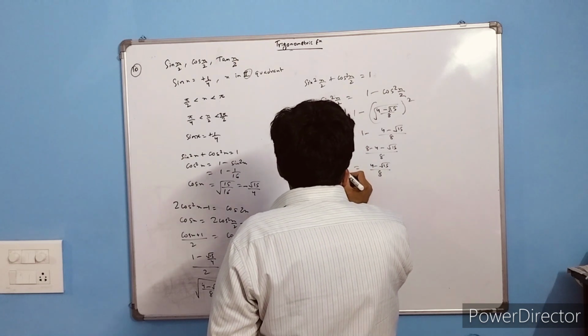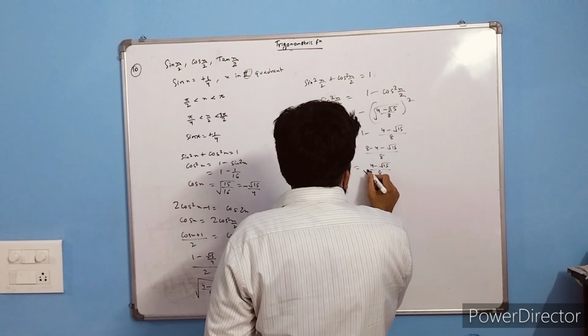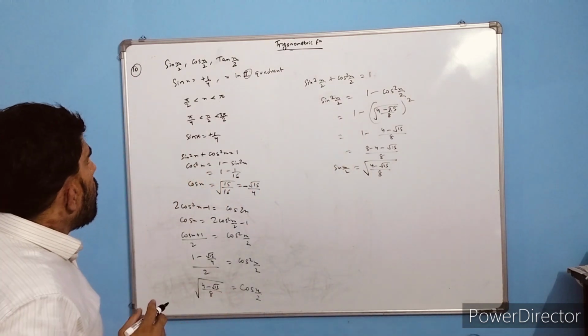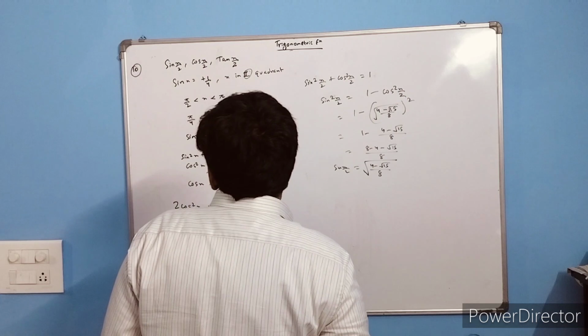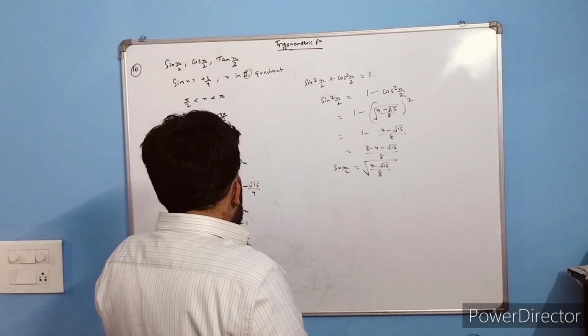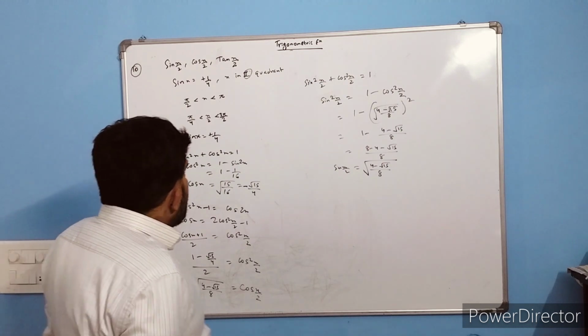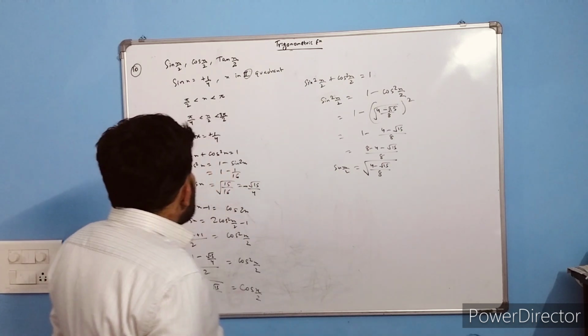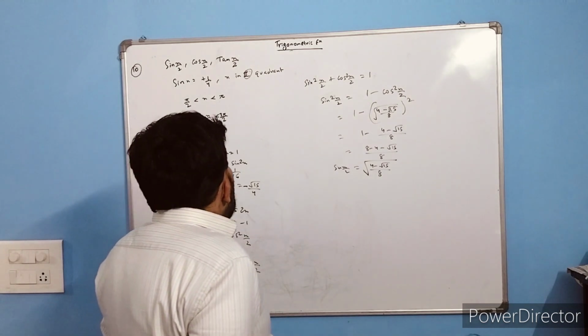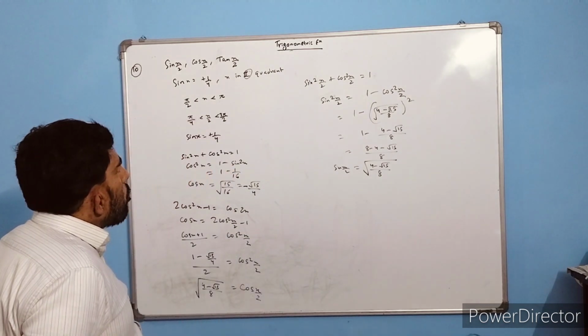Now sin x by 2 will be the root. Here the value will be more than 45 and less than this one, so we can easily say around 70. So the value may vary in the second or third quadrant. In the second quadrant, x by 2 will be as such.